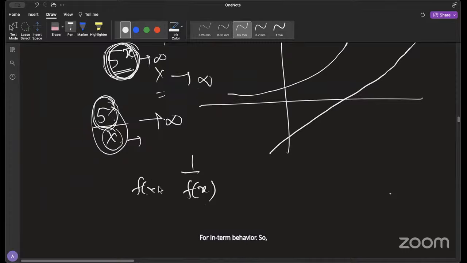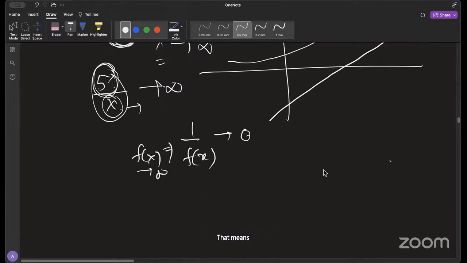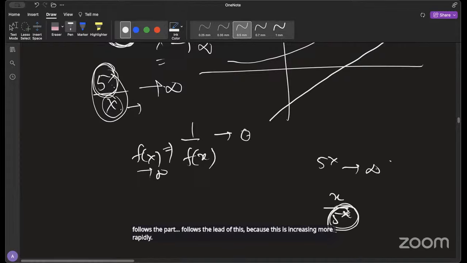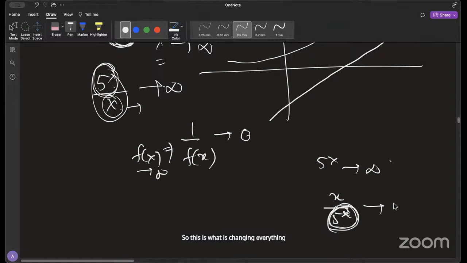So if your f(x) tends to infinity, then 1 by f(x) is going to tend to 0. That means if your 5 to the power x tends to infinity and it tends more rapidly than x, then x by 5 to the power x follows the lead of this one, because this is increasing more rapidly. So this is what is changing everything here. This will go to 0.